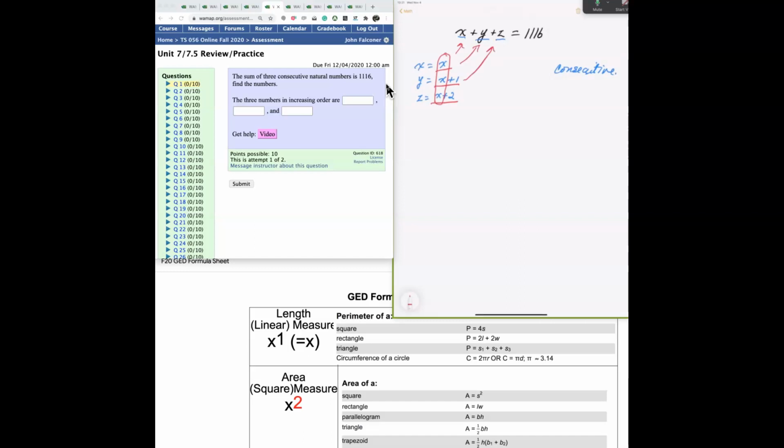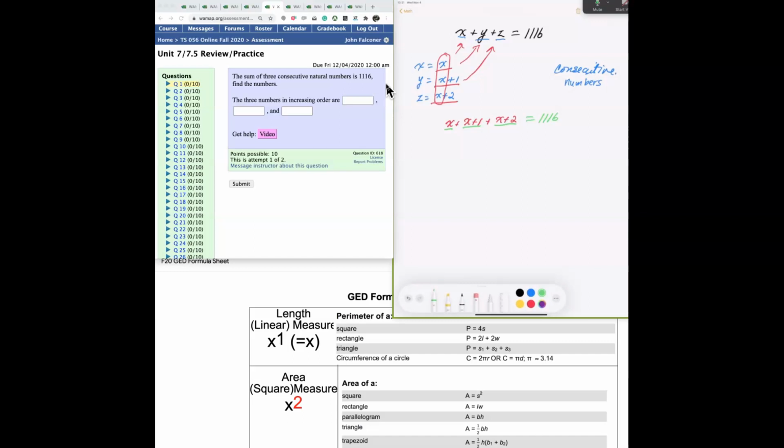Okay? So x is the same. We're going to say x plus 1 plus x plus 2. Basically we've just substituted these numbers in for x, y, and z, and that's going to be equal to 1,116. So first thing we want to do is combine like terms. These are consecutive numbers. Sorry, my writing's bad. We'll rewrite this.